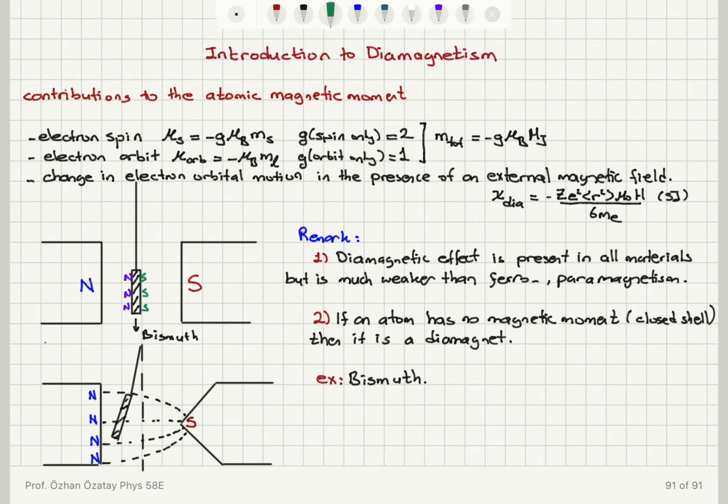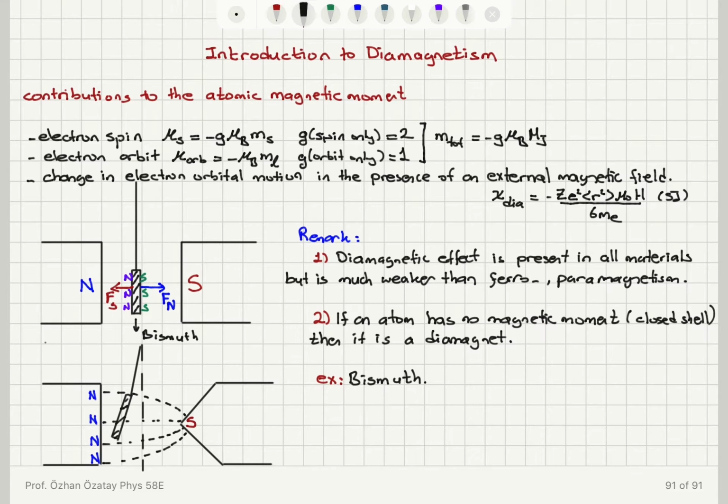So as a result, you have a repulsive force from the north pole here. So you feel a force that is repulsive due to the north pole, and then you feel a repulsive force due to the south pole of the electromagnet.